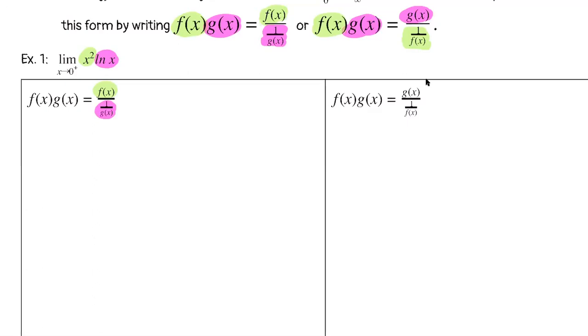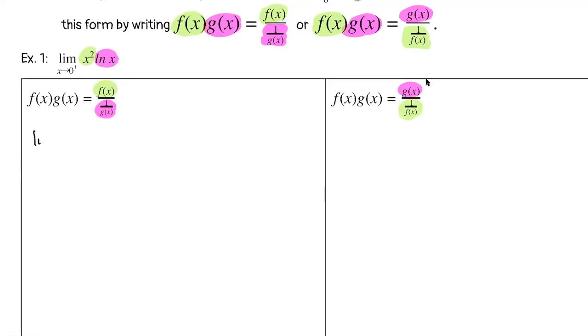Okay, so that's going to be our setup for the first method. For the second method, we're going to keep the natural log on the top, and we're going to write 1 over x squared in the denominator. And we're going to make sure that we keep that limit notation in the front, all right?